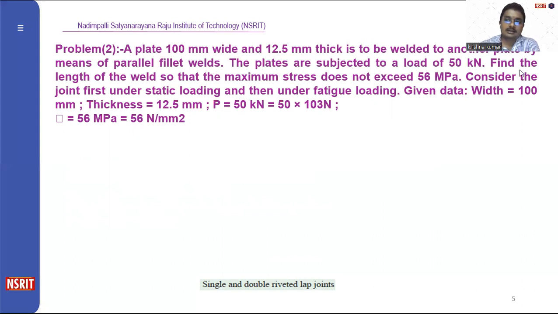Find the length of the weld so that the maximum shear stress does not exceed 56 megapascals. Also consider that it is under fatigue loading conditions. The given data are width, thickness and load. How are we going to calculate?